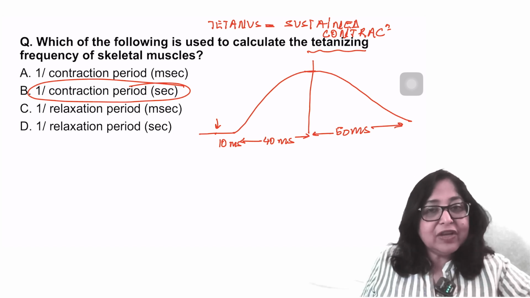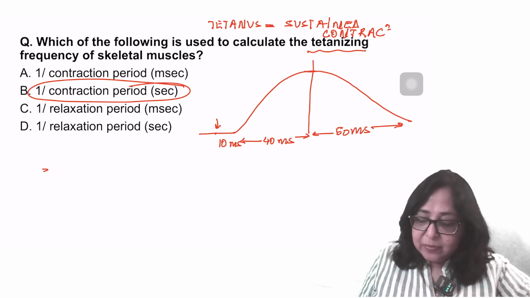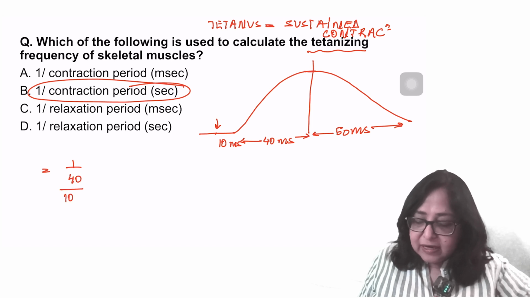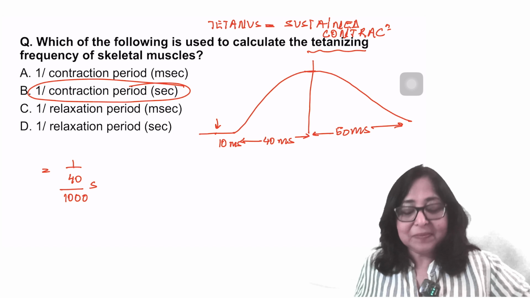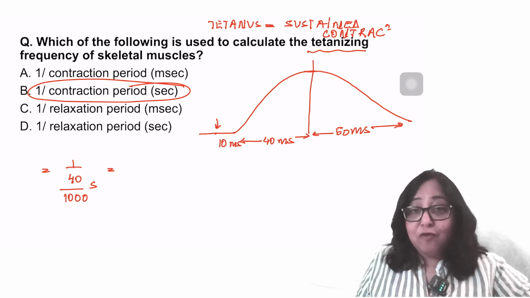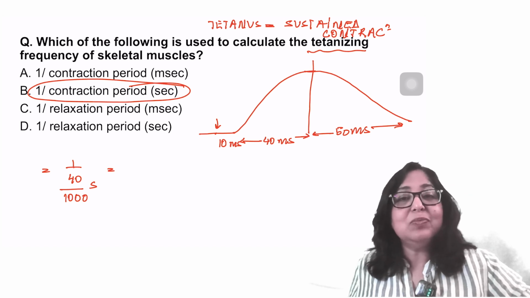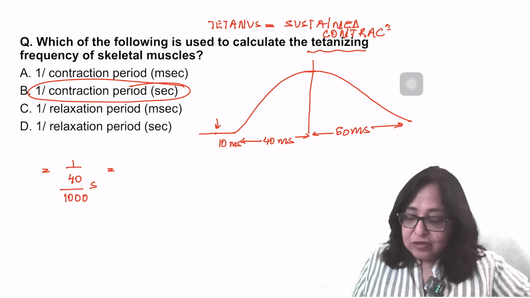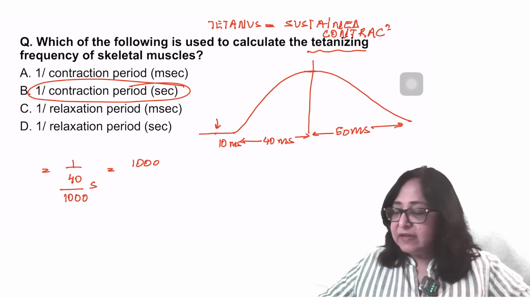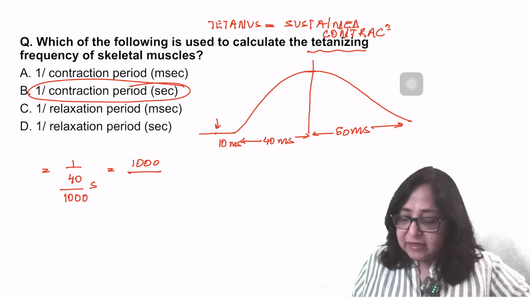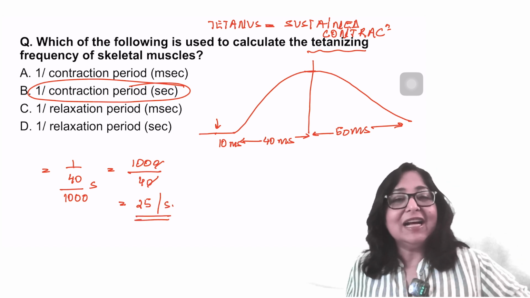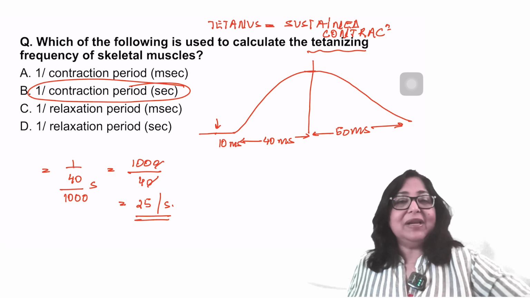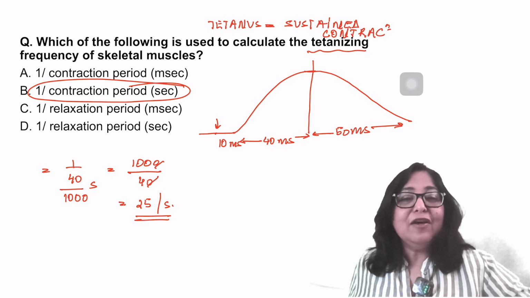Tetanizing frequency will be 1 upon the contraction period in seconds. So this is 1 upon 40 upon 1000 second, because a millisecond is a 1000th of a second. So this will be 1000 divided by 40, which is going to be 25 per second, or 25 hertz. This is how you will calculate the tetanizing frequency.